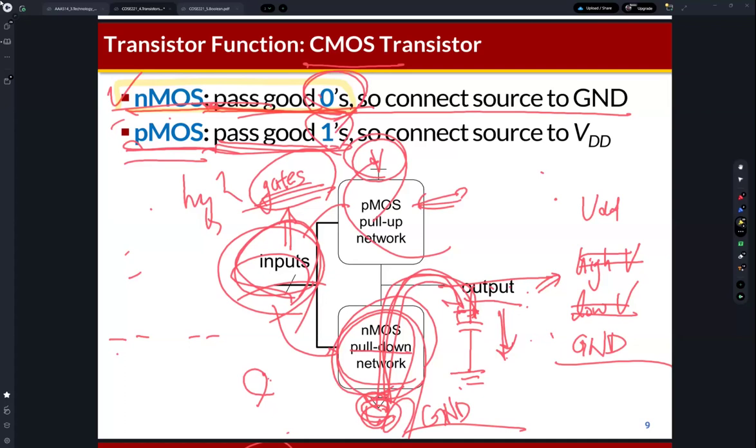As you can see, NMOS passes a good zero, which means that if the voltage is zero, then NMOS can transfer this value to another node. Also, PMOS passes a good one. That's why the PMOS is connected to the VDD, and the NMOS is connected to the ground.